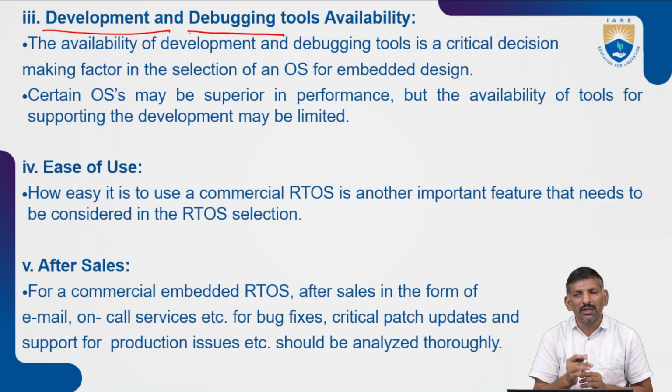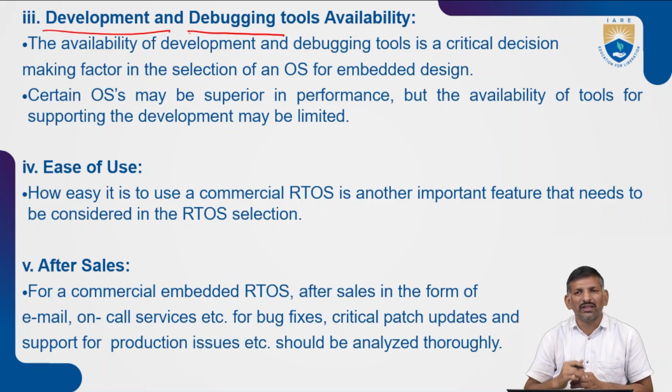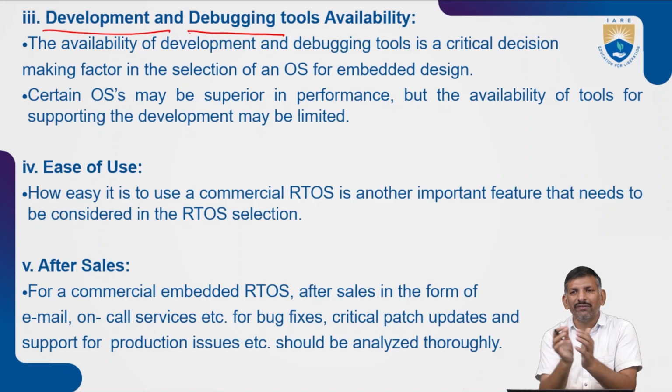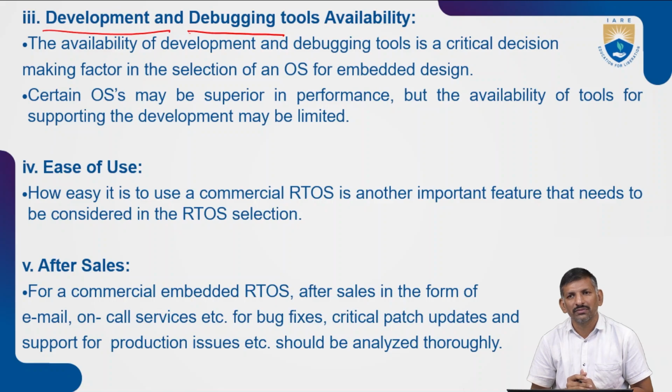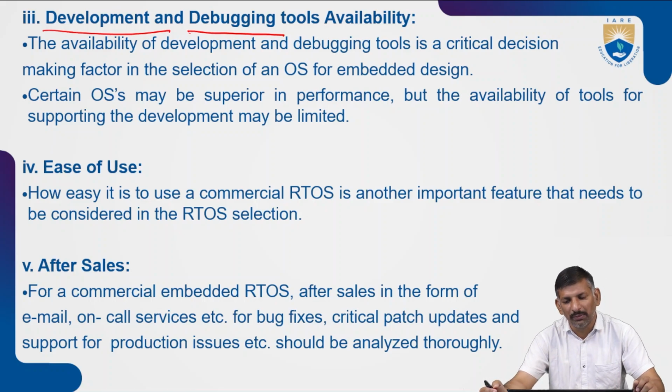So by using a debugging tool, wherever we want to check the response, we can set a breakpoint and verify the functionality. Are the debugging tools available or not? We need to check. The availability of development and debugging tools is a critical decision-making factor in the selection of the OS for our embedded system design.